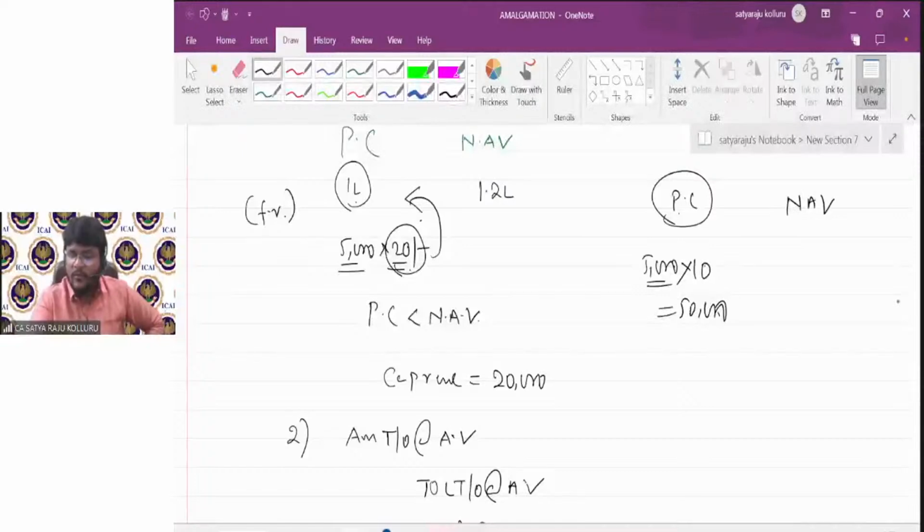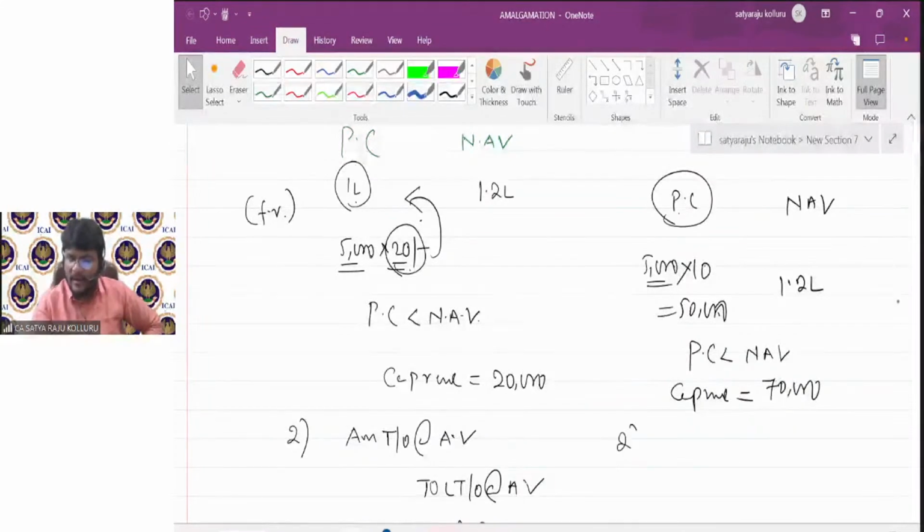NAV is the same, 1.2 lakh. For the same situation, again, is PC less than NAV or greater than NAV? PC is less than NAV and the capital reserve is now 70,000. Do you agree?